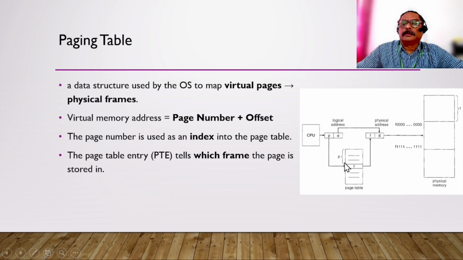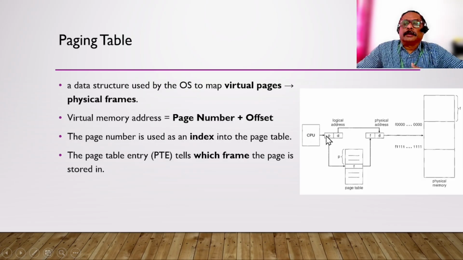After P lines from the beginning of the page table, we have a page table entry that tells which frame our page is in, in main memory.